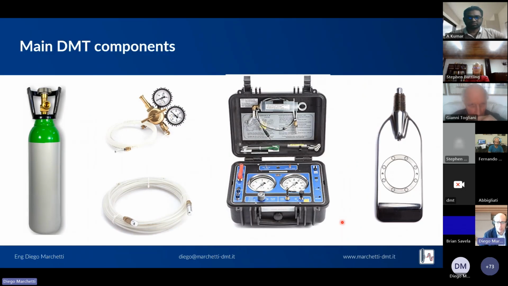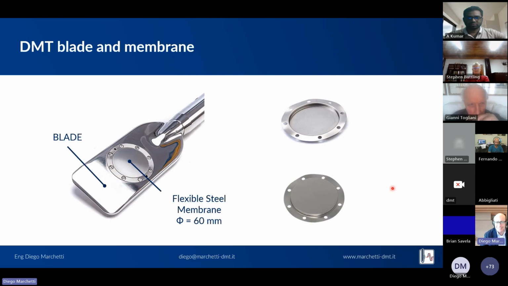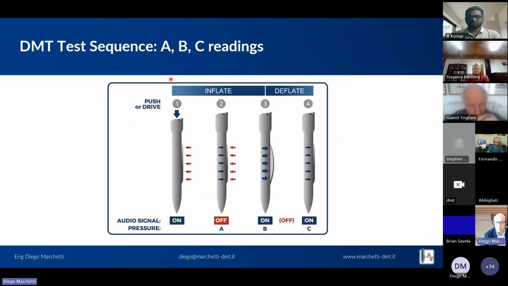These are the main components for the traditional pneumatic DMT test: the gas tank, cable, control unit, and blade. The blade is a stainless steel blade with a flexible membrane of 60 millimeter diameter mounted on one of its sides. As we said, when we push it into the soil, initially the membrane will be flat and the audio contact signal will be on.